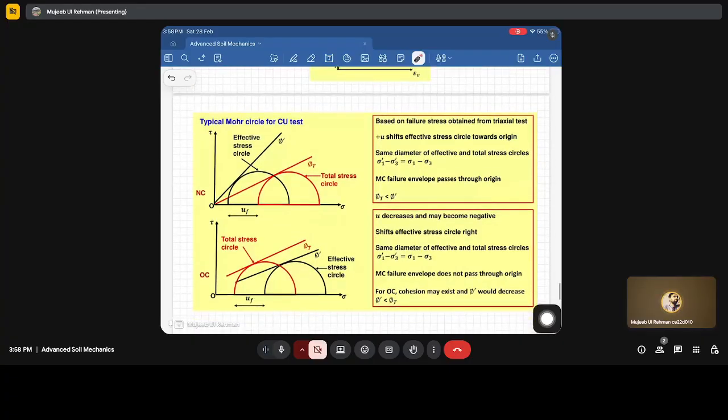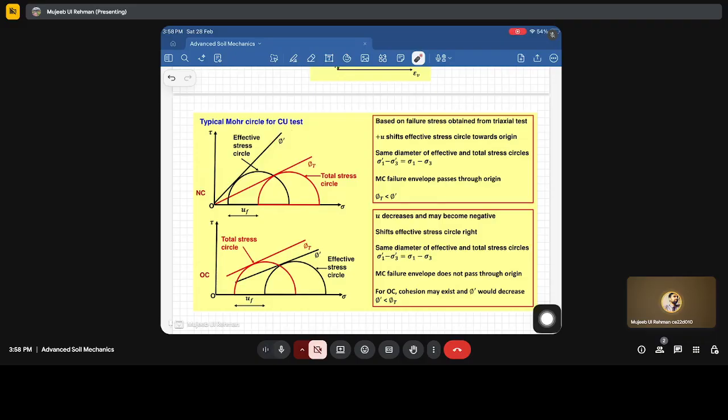Now the typical Mohr circle for the CU test. This is for the NC: the total stress Mohr circle and the total stress envelope with angle phi t. Since in the NC there is generation of positive pore water pressure, the effective stresses are going to decrease, so the effective Mohr circle will shift to the left, and phi dash represents the slope of the failure envelope.